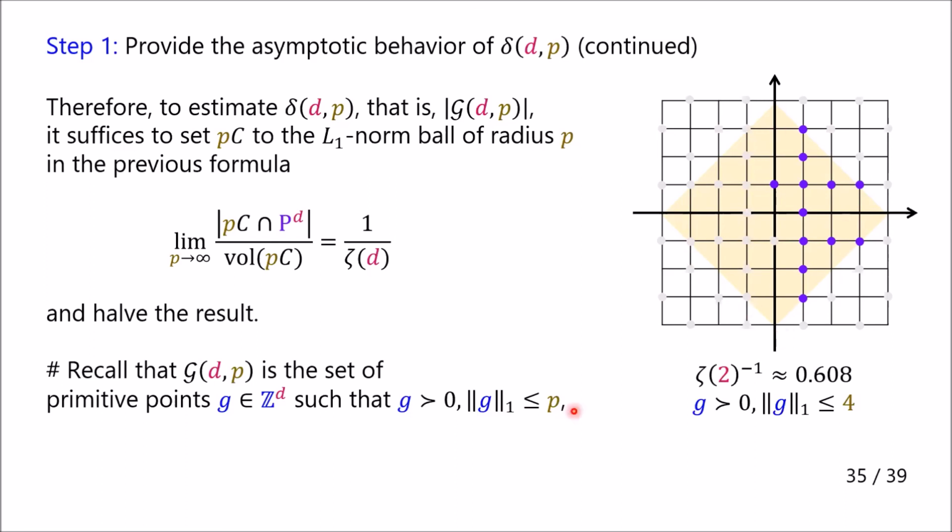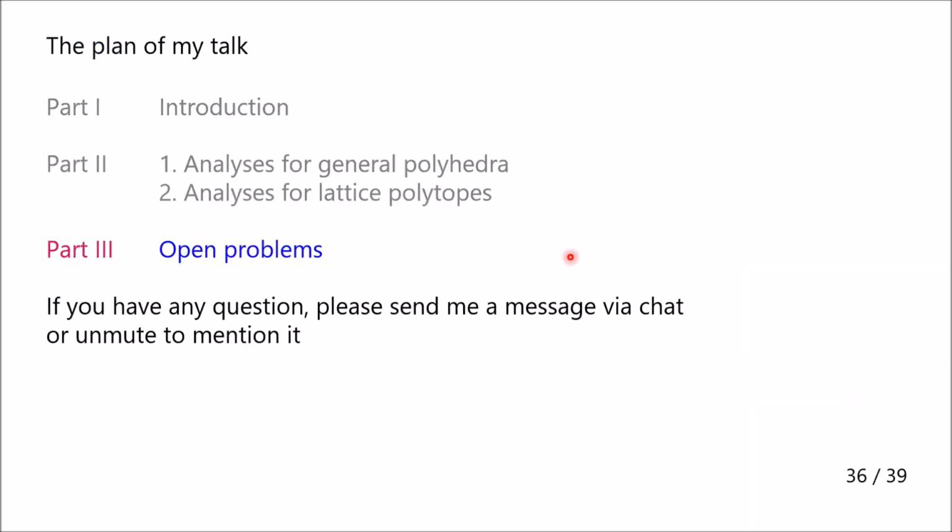Exactly half of them satisfy the condition that the first non-zero element is positive, as can be seen from this figure. Like this, we can estimate the asymptotic behavior of delta dp. And that's all for the second part of my talk.